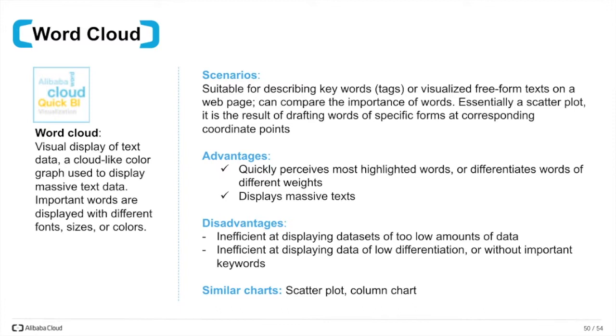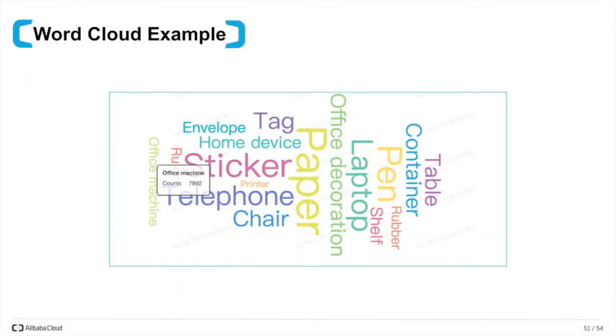Okay, the last one, the word cloud. What is the word cloud? Now you want to know which word is the most commonly searched keyword on my website, right? So you can just generate a word cloud, and it will automatically enlarge the words with the biggest numbers and show you the difference between each other, making it look very vivid and colorful.